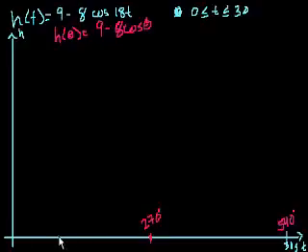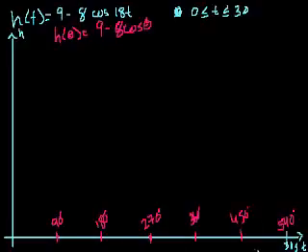And so 90 degrees would be about a third of this. So that would be 90 degrees. That'd be 180 degrees. This would be 360 degrees. And then this would be 360 plus 90. This would be 450 degrees.